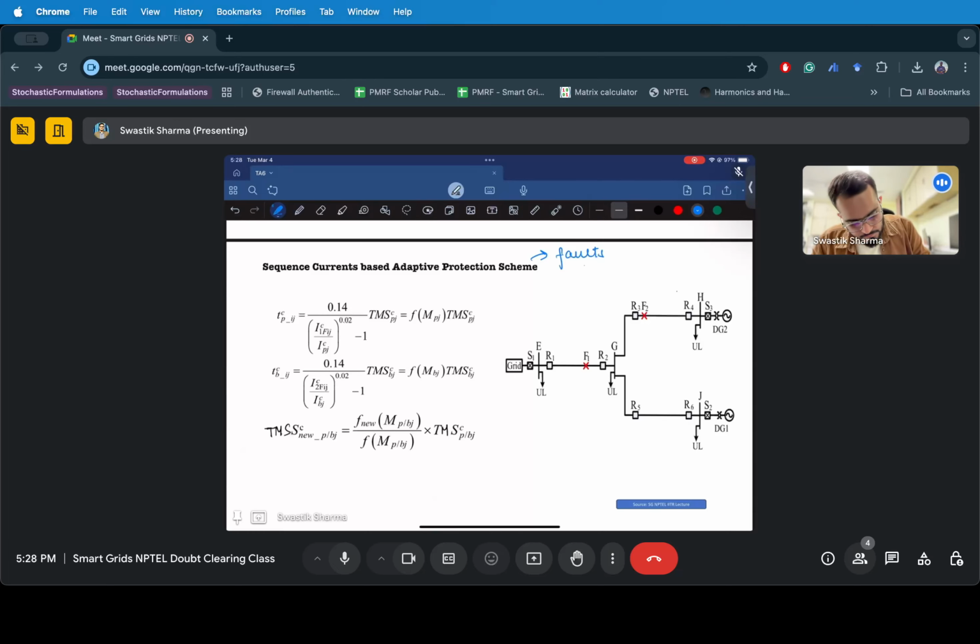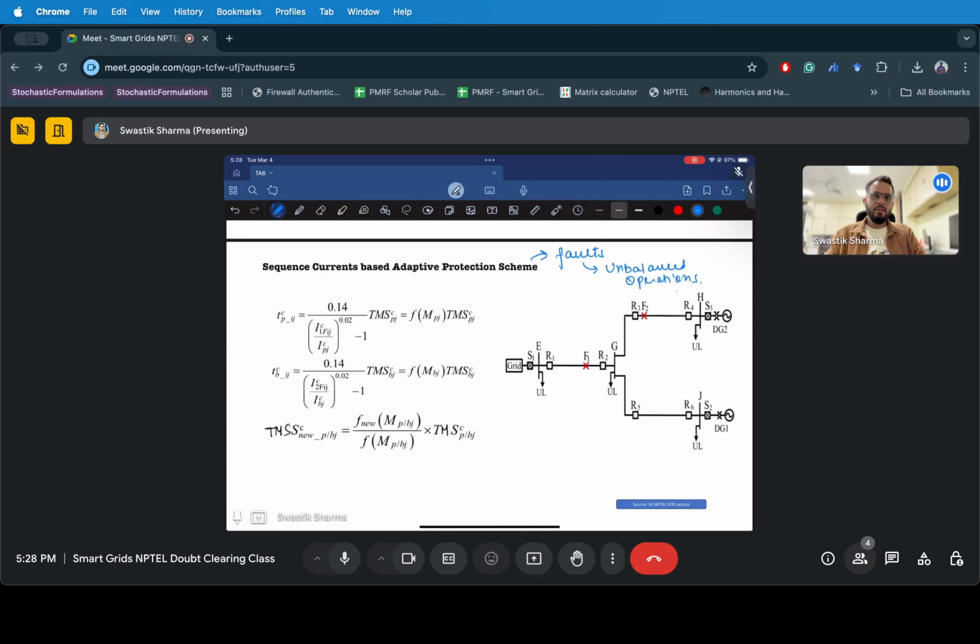Due to this unbalanced operation, your sequence components arise. By exploiting this unbalanced condition, they come up with a plug setting multiplier and a time dial setting, or time multiplier setting.